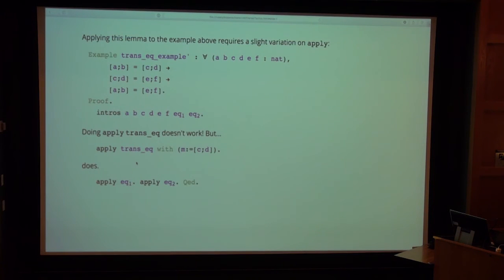Yes. So instead of introducing the two equality conditions, you can keep them down and just apply trans_eq. Yeah, you probably could just apply trans_eq if you left off the last two variables in the intros.